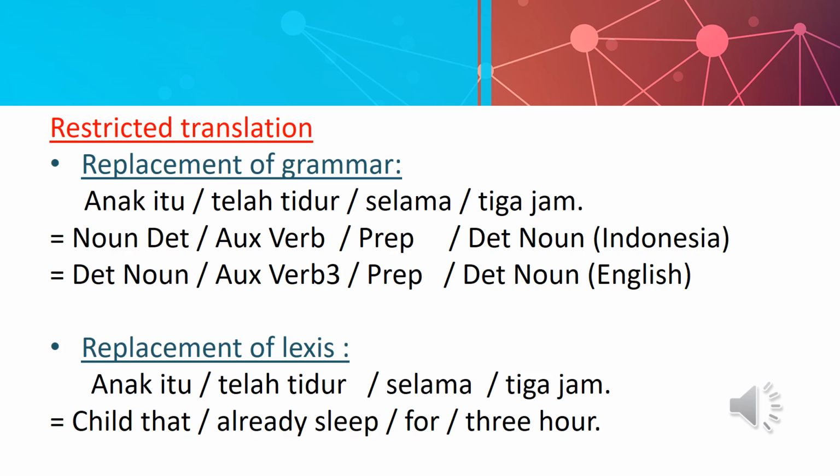Anak itu, that noun; telah tidur, aux verb; selama, preposition; 3 jam, that noun. English. And in replacement of lexis: Anak itu telah tidur selama 3 jam. Anak itu, child that; telah tidur, already sleep; selama 3 jam, 3 hour.